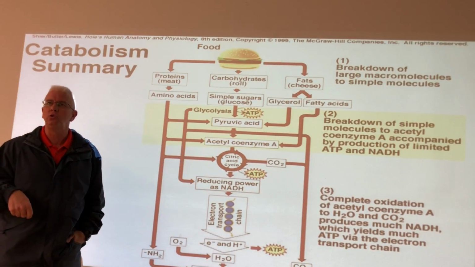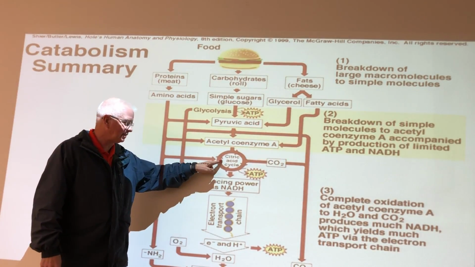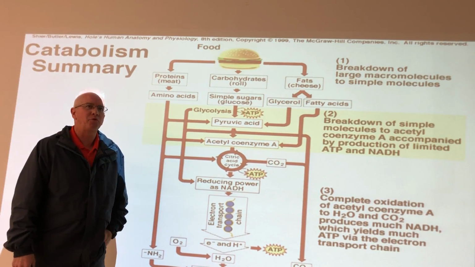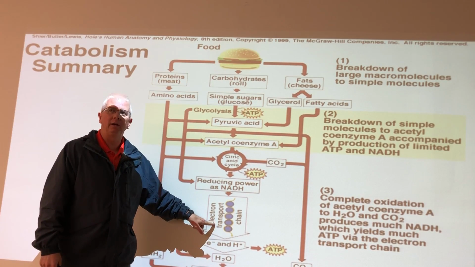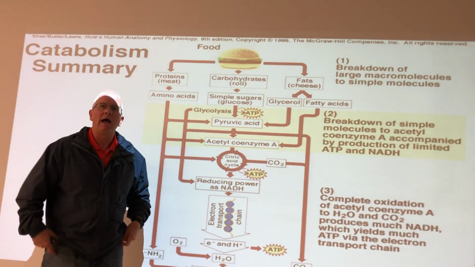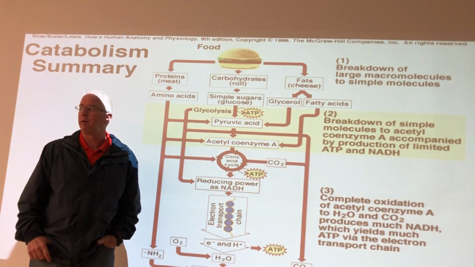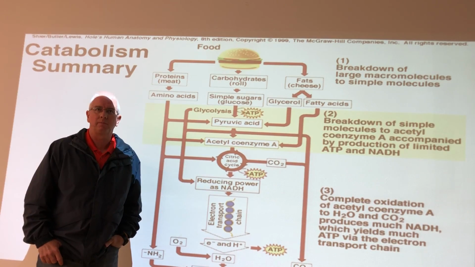As step 2, for the outline, let's put the citric acid cycle. And as step 3, let's put the electron transport chain. So our outline is going to go like that. 3 steps: glycolysis, followed by the citric acid cycle, followed by the electron transport chain.